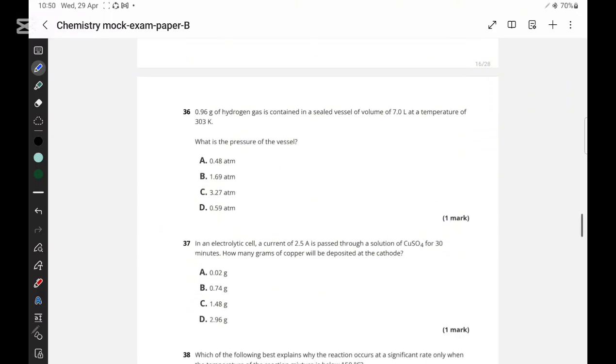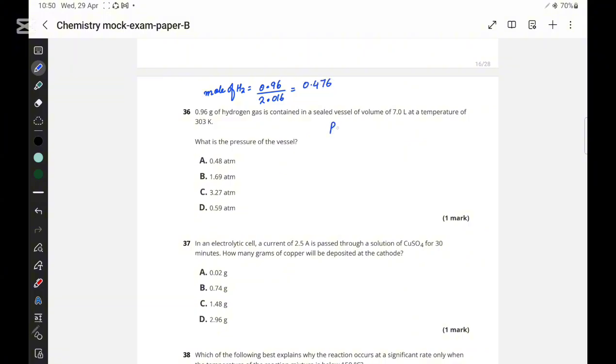For the next question, they are saying 0.96 gram of hydrogen gas is contained in a sealed container of volume 7.0 liter at a temperature of 303 Kelvin. So first I'm going to find the mole of H2, that is mass, which is 0.96, divided by molar mass, which is 2.016, and that comes out to be 0.476.